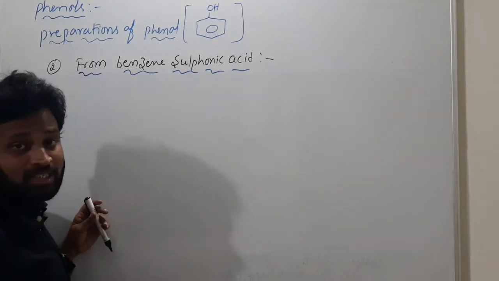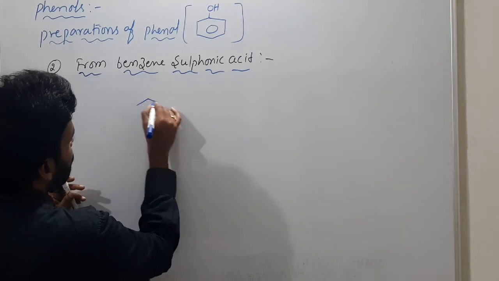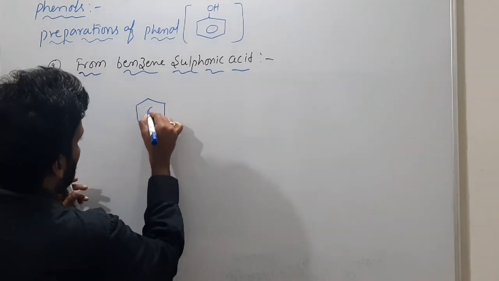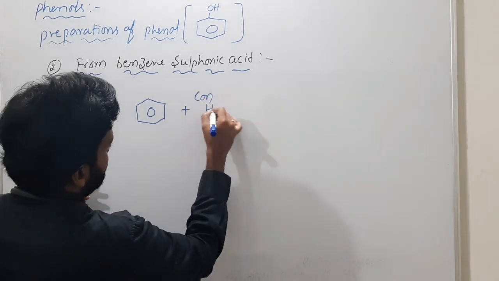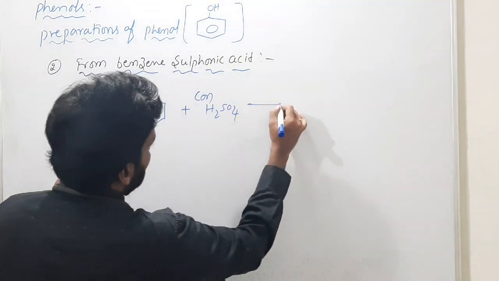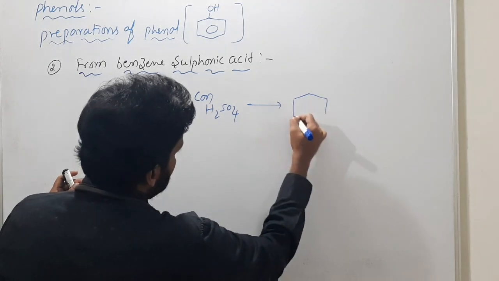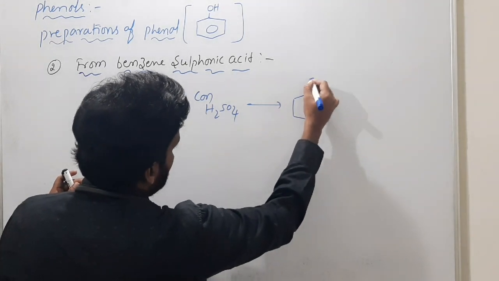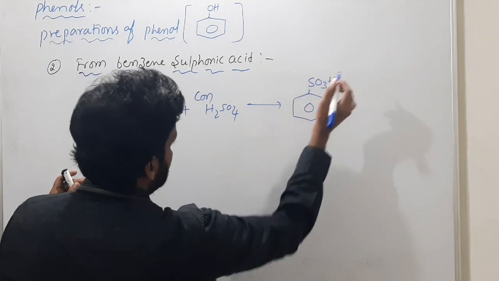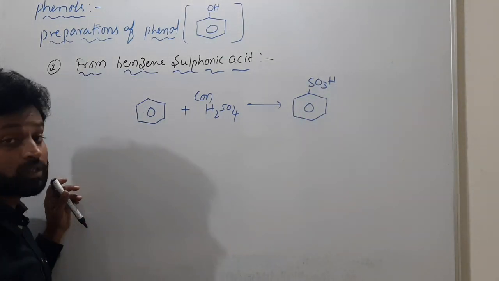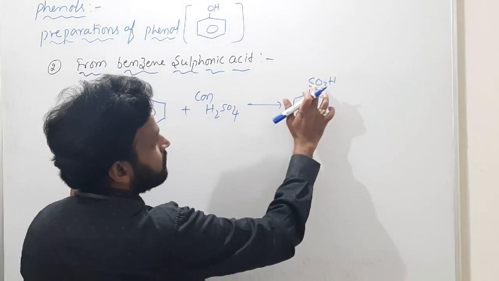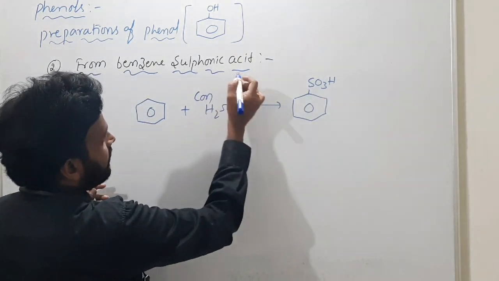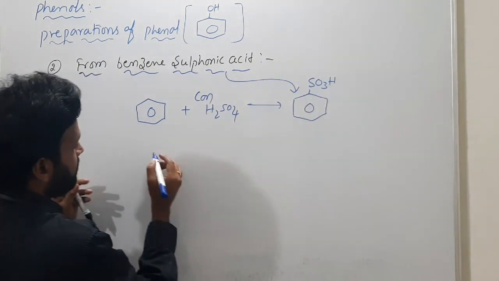Sulfonation of benzene: C6H6 with concentrated H2SO4, then you will get C6H5SO3H. Okay, so what is this? Benzene sulfonic acid.